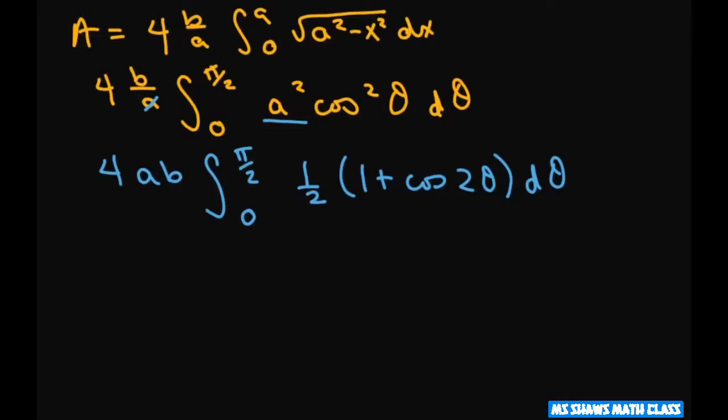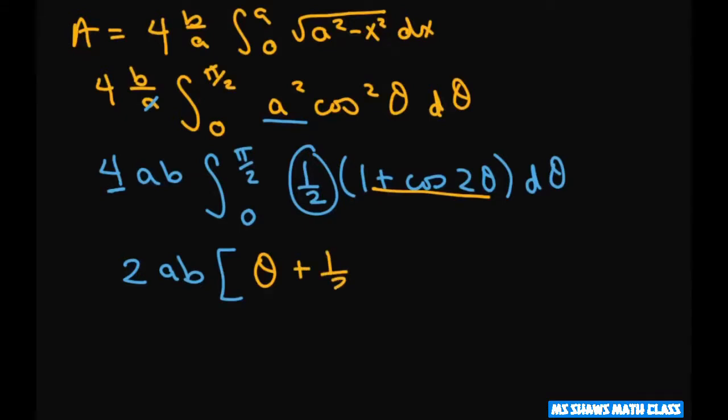All right, now we can integrate this. Pull this out. When you pull this out, this is going to be 2ab, and now all we have to do is integrate this. So that's going to give us theta plus 1/2 sine 2 theta, and we're going from pi divided by 2 and 0.